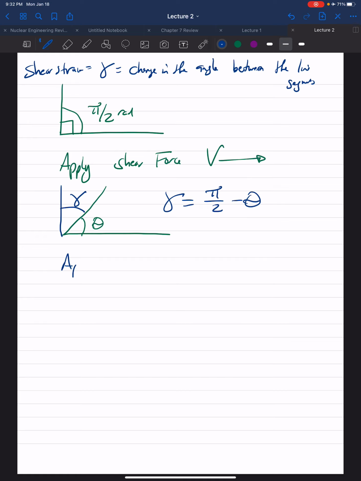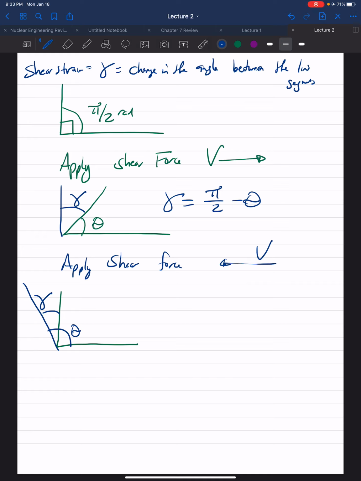If you apply a shear force to the initial setting in this direction, once again this change is gamma, but the new angle is theta.